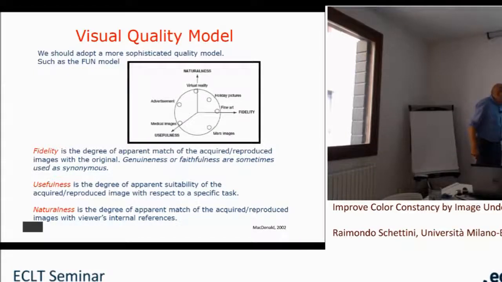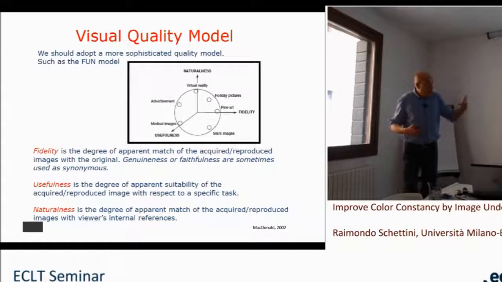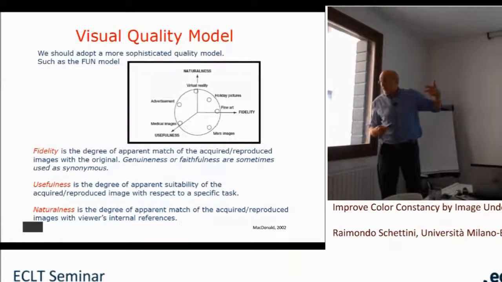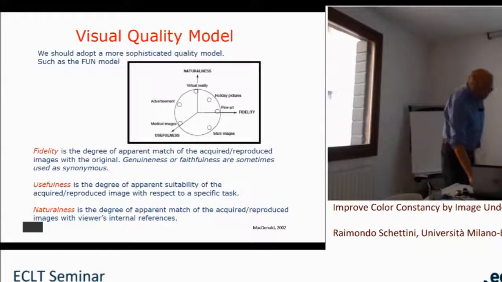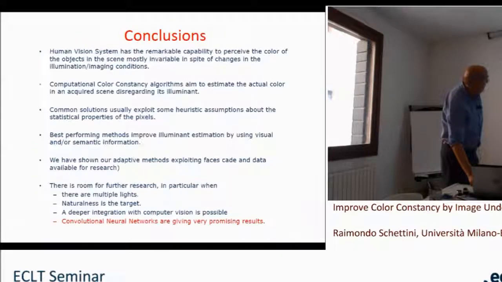When you talk about digital photography, the main feature is naturalness. So we are moving in a three-dimensional space, and the settings of our algorithms are different with respect to the different applications. That obviously should ideally be defined automatically.